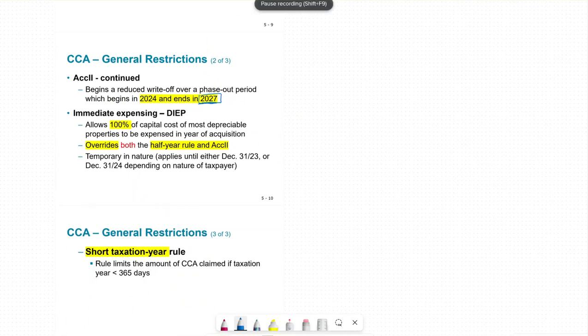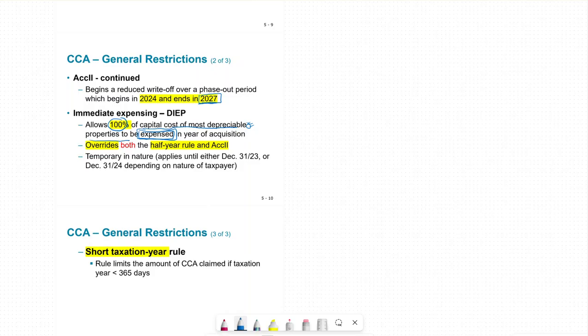Now in this case, it allows 100% of the capital cost of most depreciable property to be expensed in the year of acquisition. It means you can take advantage of the depreciable asset you bought and write off 100% in the year of acquisition.